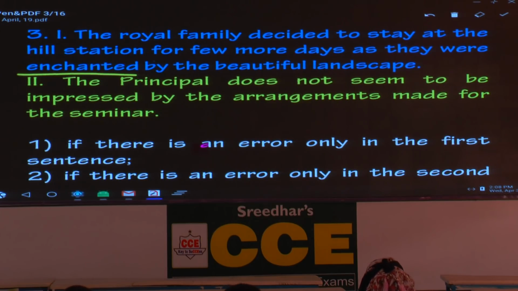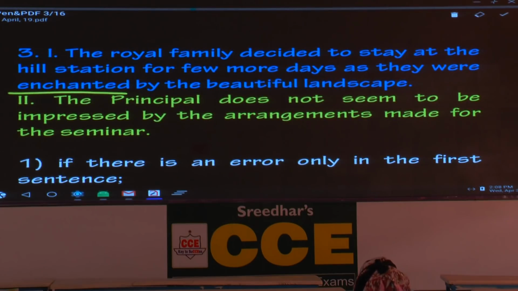So they wanted to stay, so it must be for a few more days. Please add the indefinite article. For a few more days. If you say few more, negative connotation, it doesn't make any sense.